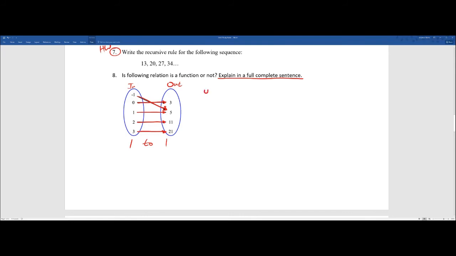And I would say yes, since for every 1 input, I have exactly 1 output.